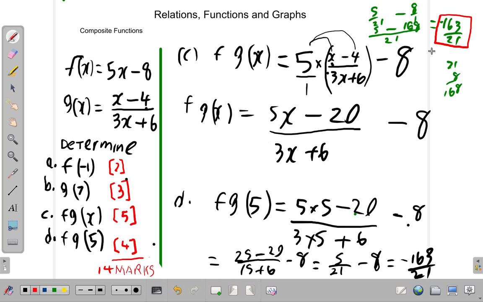Now, suppose we went directly to fg of 5.